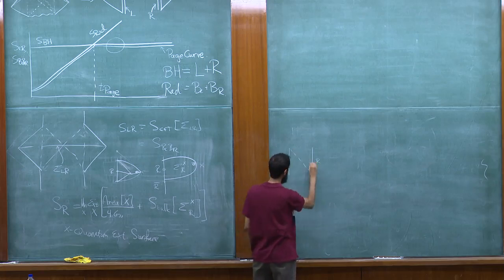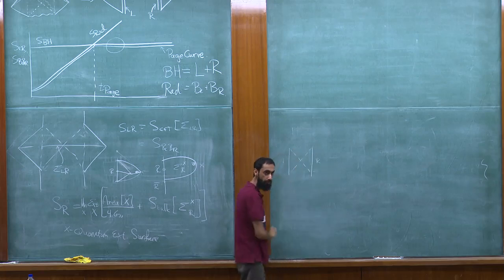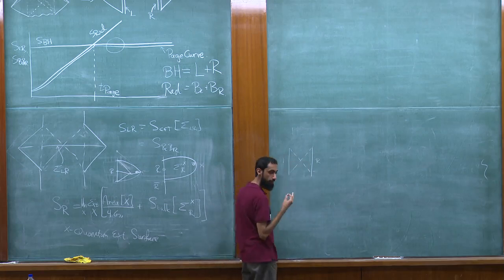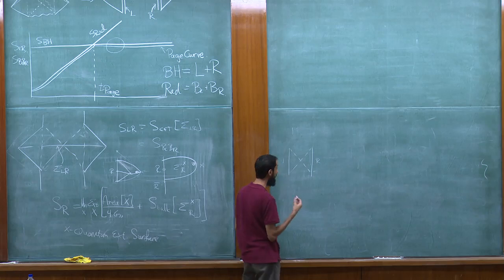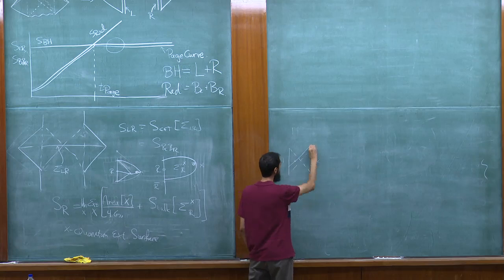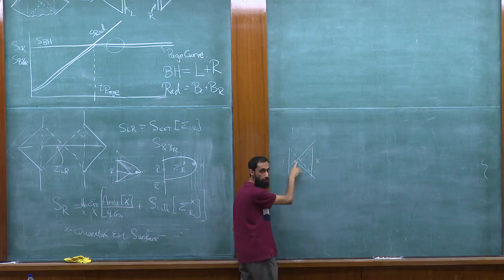The causal wedge is just a bifurcation surface. Let's say that the extremal surface for R extends all the way here. Now we don't have caustics in 1+1 dimensions. So this would seem to imply that R is dual to a region here.